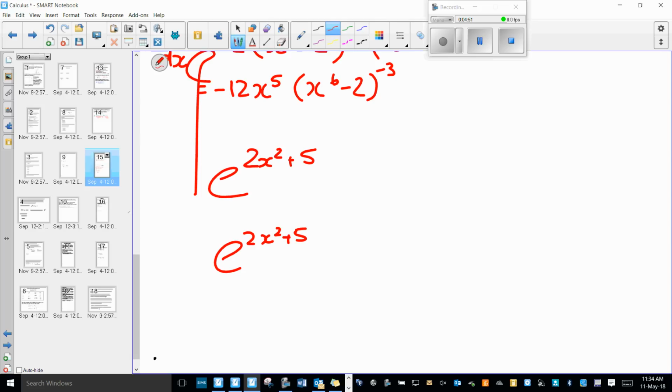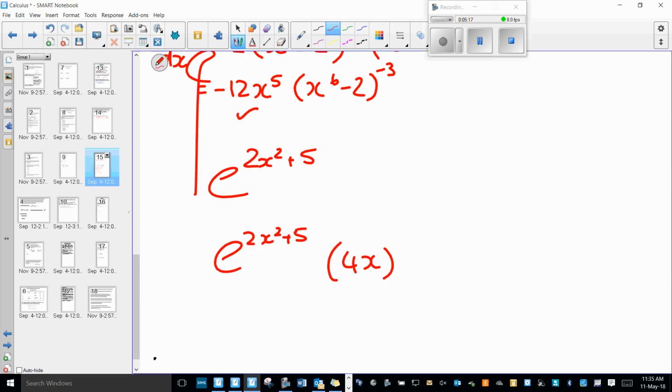Multiply by the derivative of what was different, yes? So we would multiply that by 4x. And that's exactly what we're doing here. That's the chain rule, yes? So we differentiated it pretending that this was just an x, so we had e to the function, and then we multiplied by the derivative of it. So we've actually been using the chain rule already without necessarily calling it the chain rule.